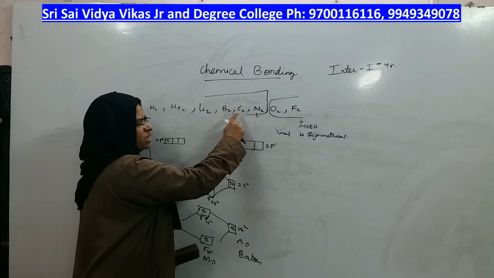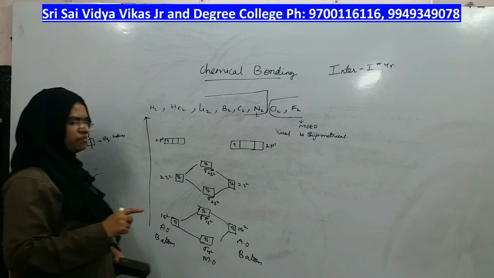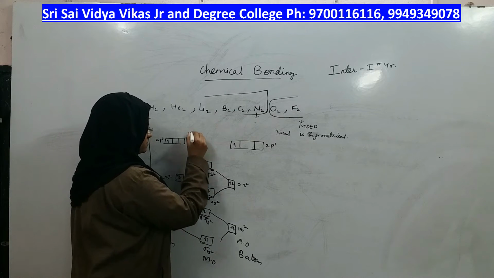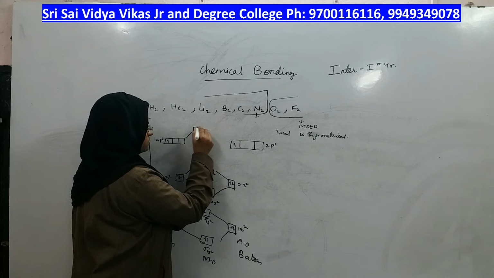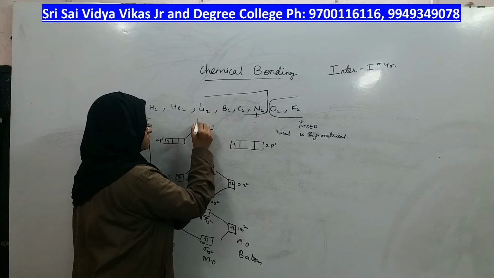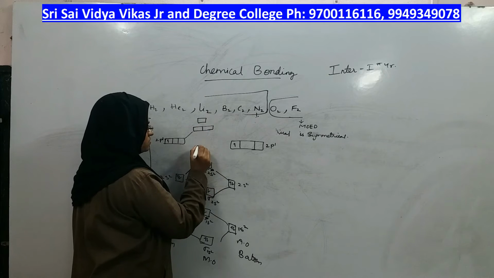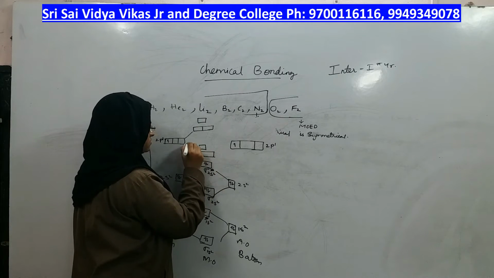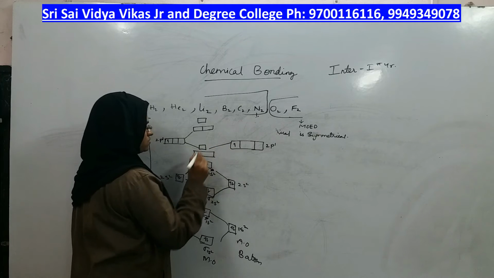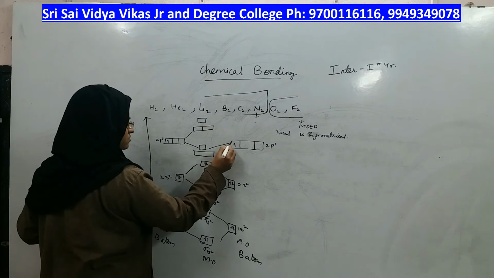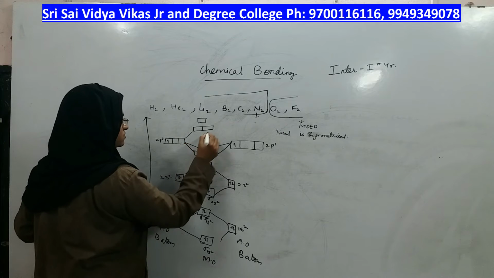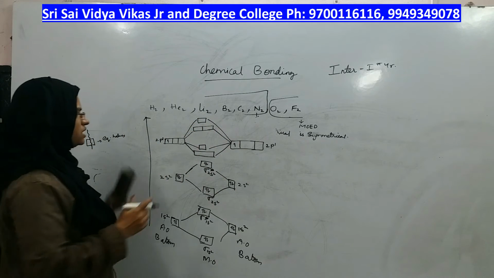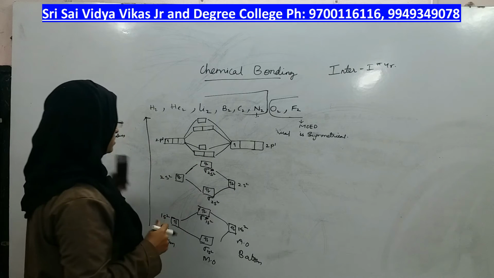So for boron, carbon, nitrogen also, the shape is unsymmetrical. How? Let us do that. This is the unsymmetrical diagram.